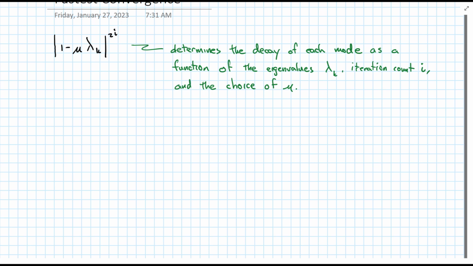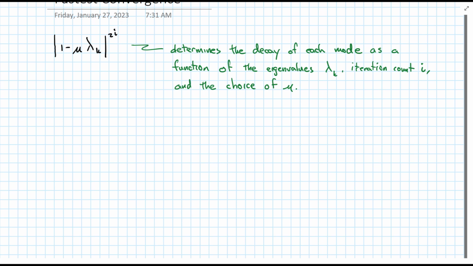Each mode is a function of one of the eigenvalues of the autocorrelation matrix, and our choice of mu affects how each mode is going to behave. And of course, we get a steady decrease, providing we've chosen a mu that converges, as a function of raising that to a power of 2i.